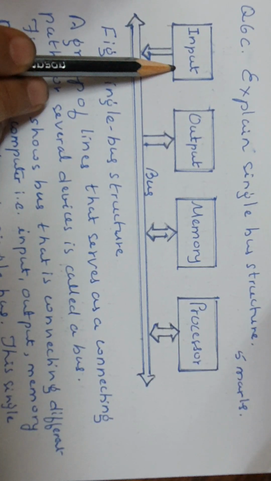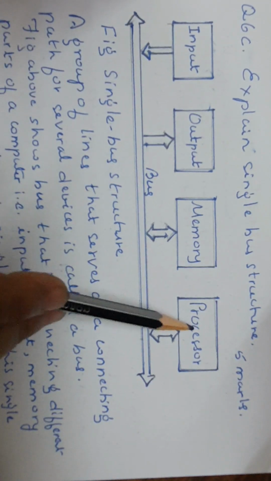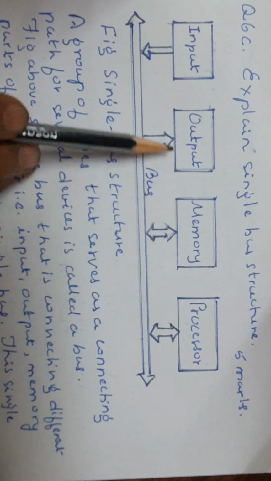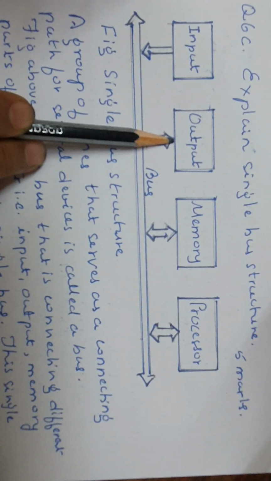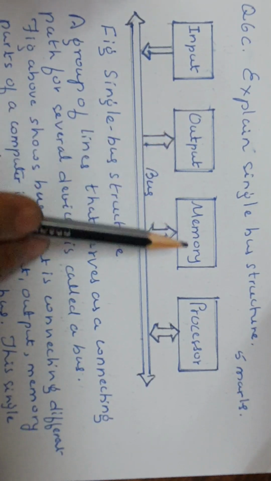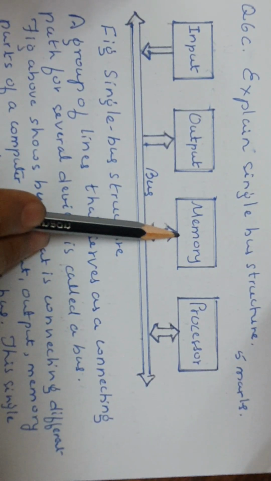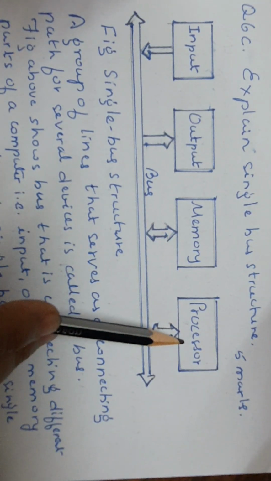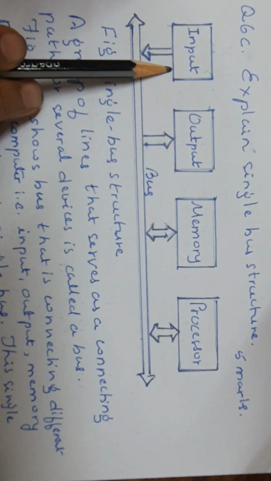Input is used to give the data and instructions to the processor. Output, when the processor gives the result, interprets it in the user understanding manner. Memory is used to store data and instructions. Processor executes arithmetic and logical operations on the given data.